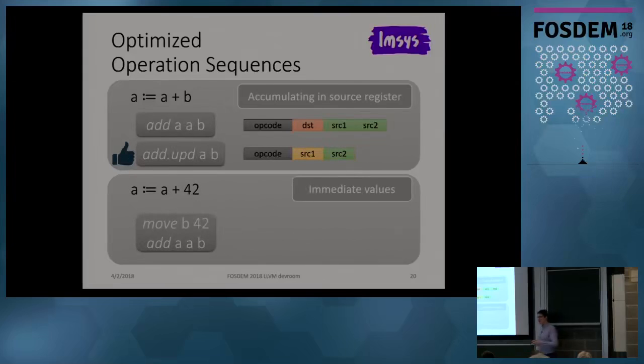So you have a special operation, move 42 into register B, and then you can use the addition. In this case, you actually use 2 instructions to implement this behavior. If you have a special variant, add immediate value, then you can use the immediate value directly instead of the second source register. So you saved binary space again.